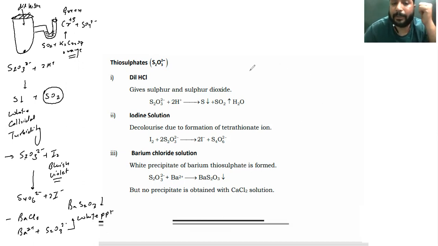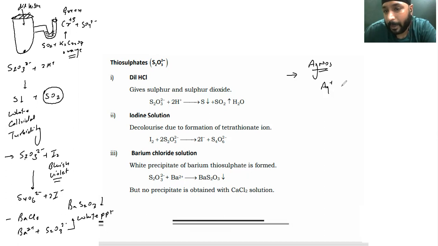Now, the tests which we are doing for thiosulfate are very important, and these two tests are actually asked multiple times, and they have a link with the P as well as D block elements. For example, the silver nitrate test. Suppose I'm adding silver nitrate into the thiosulfate solution, what exactly happens?